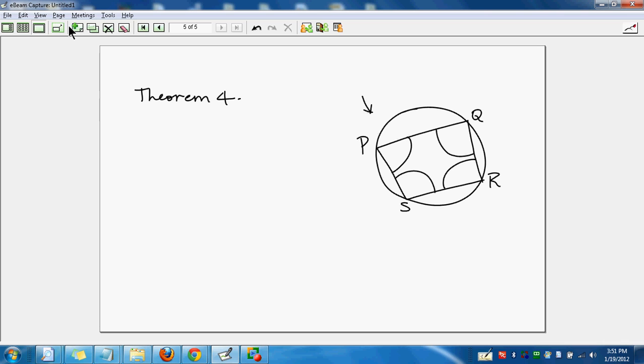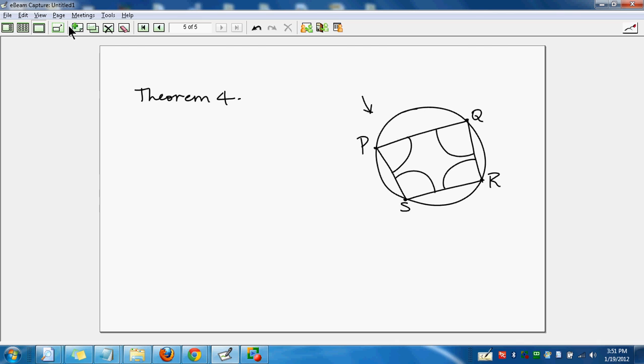right? These vertices lie on the circumference of the circle. Then that is a cyclic quadrilateral, and it means that the opposite angles in that cyclic quadrilateral are supplementary, which means they add up to 180 degrees. So that is theorem 4, right?